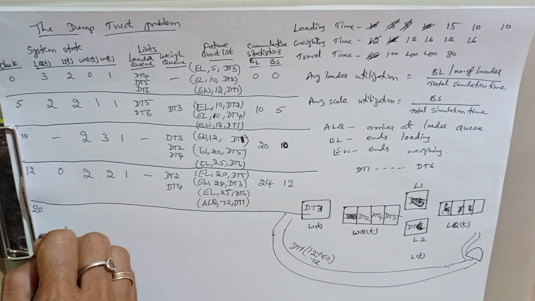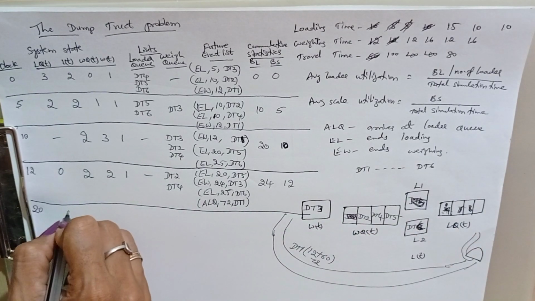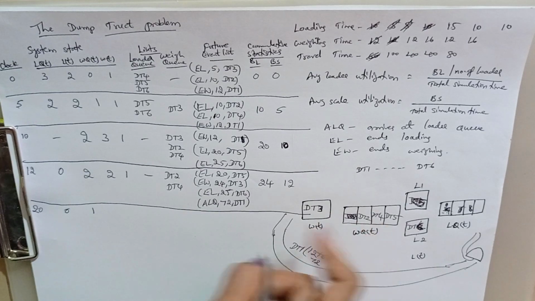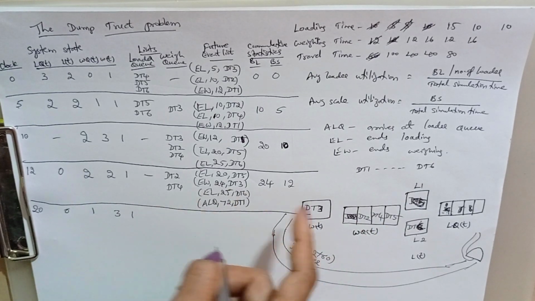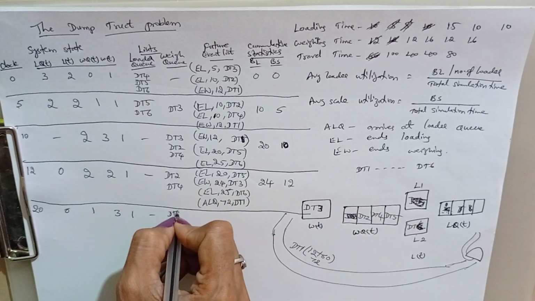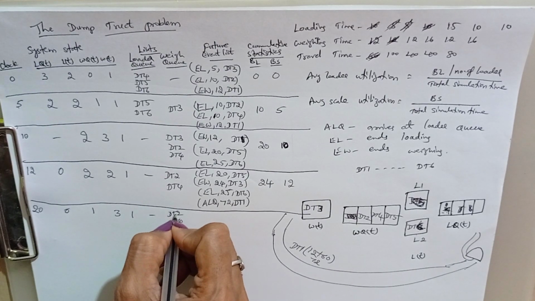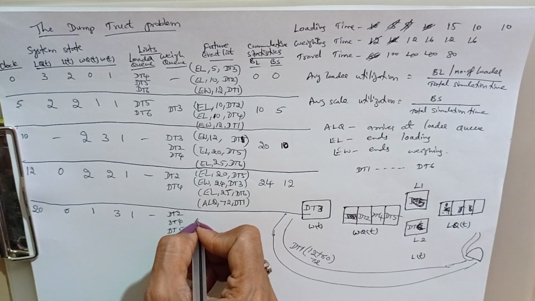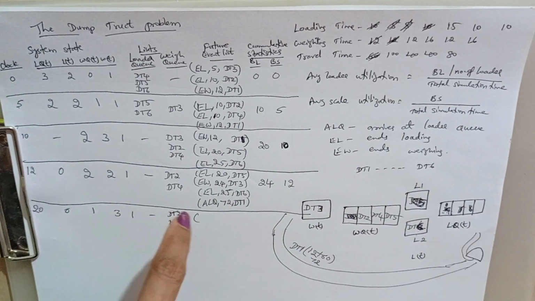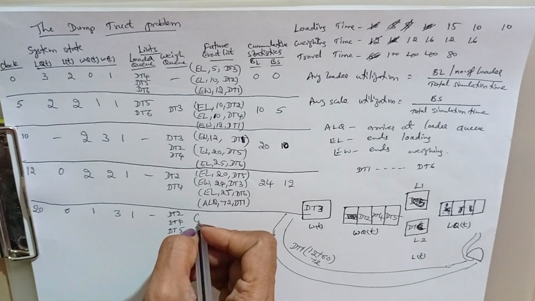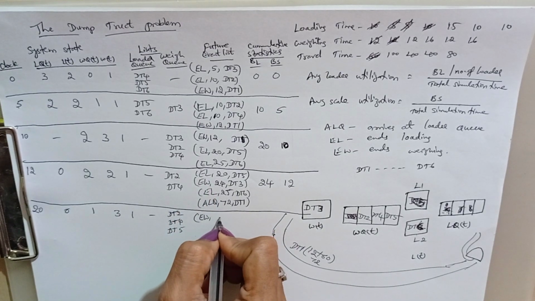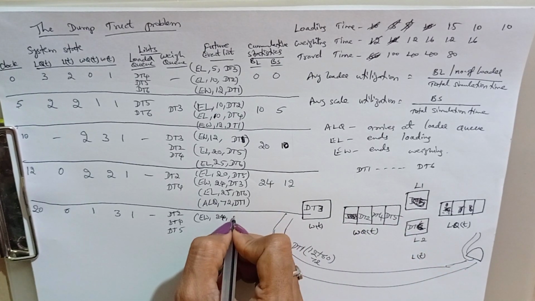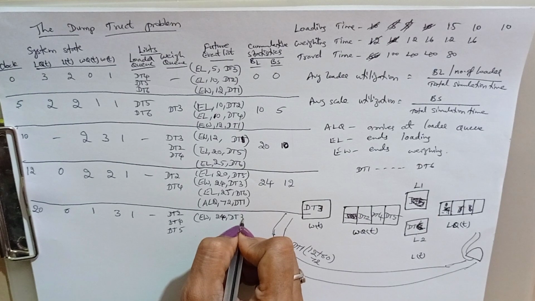Now we'll write the statistics, that is here 0 loader, only one is loading and here 3 trucks and one is on scale, that is truck 2, truck 4 as well truck 5. Now here we'll get one weighing end completes and one loading because one of the loaders is idle, not working.